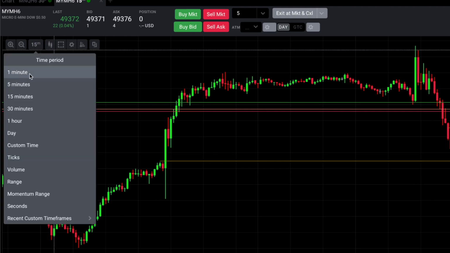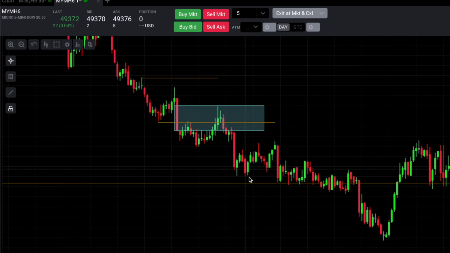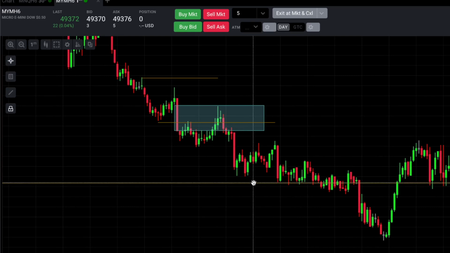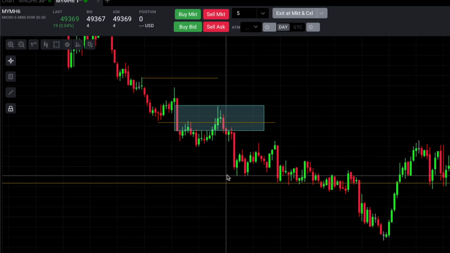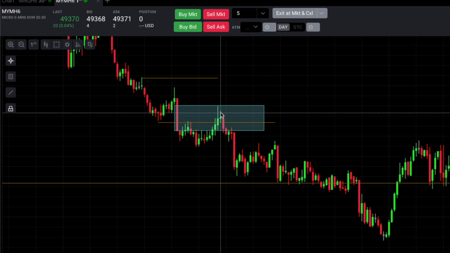So if I go back to the 1 minute time frame, originally I wanted price to gravitate to this low right here, which it did. But I was in this trade and I said, you know what? This is perfect. This is the profit that I needed to end the day for what I'm actually looking for in my trading. And everything played out perfectly on that trade right there.